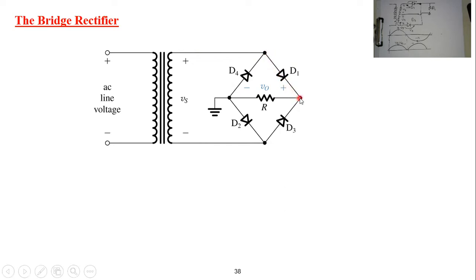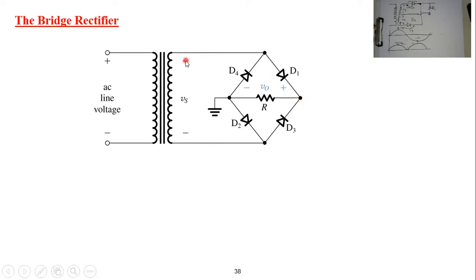At this stage, you will find two options. Either go in this direction, which makes this diode reverse, so D3 is reversed, or go through the resistance and then to D2. So the first path in the positive half cycle is D1, the resistance R, and D2, and back to the negative terminal. This is the first path.